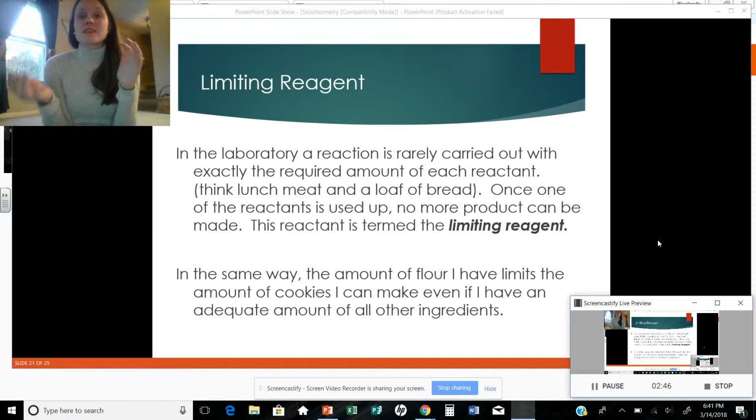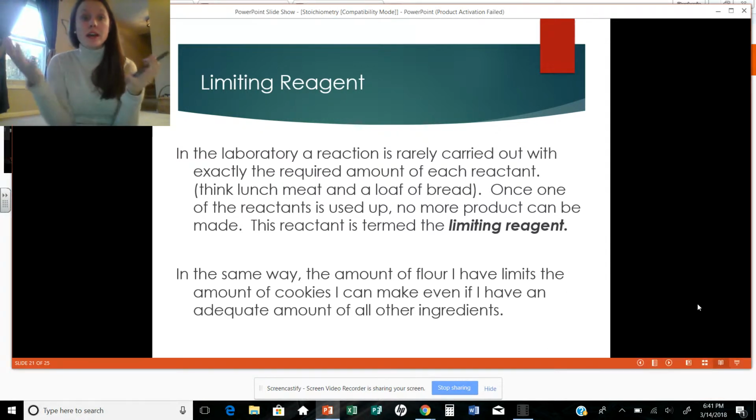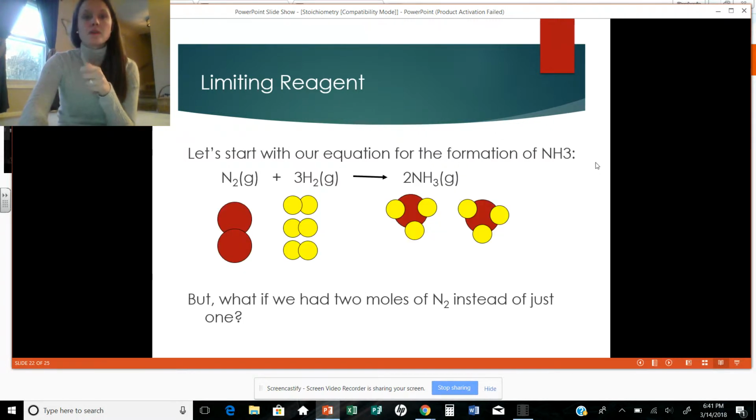And the reactant that limits how much product you get is called the limiting reagent, because it's going to limit how much product you get in the end result of your reaction. So we're going to go through an example together to show you what a limiting reagent is and what it does in a chemical reaction.